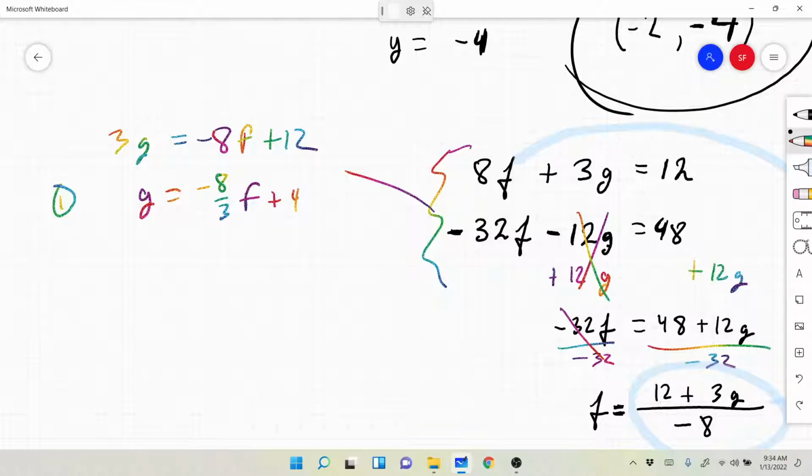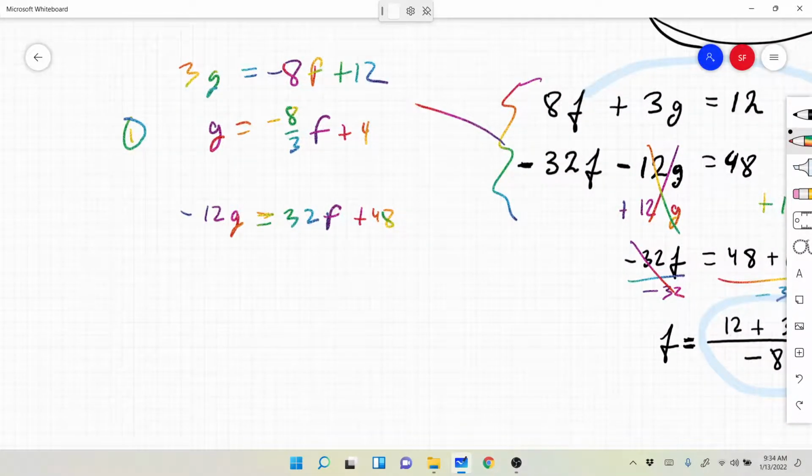Follow me, ladies and gentlemen? Okay. The second one, we would end up with negative 12g equals 32f plus 48.